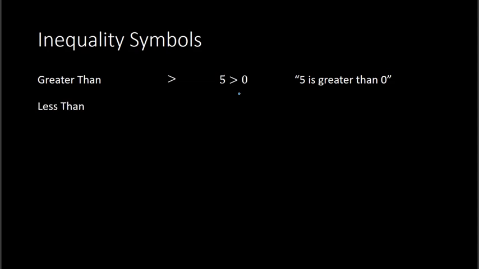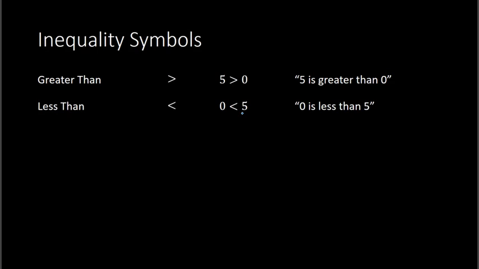Less than would be facing the other way. Using the same expression, we would have 0, then the symbol, and then a 5. That means 0 is less than 5. Notice still this mouth is facing the bigger number, the 5. So make sure that with every expression, the mouth is always facing the larger number.